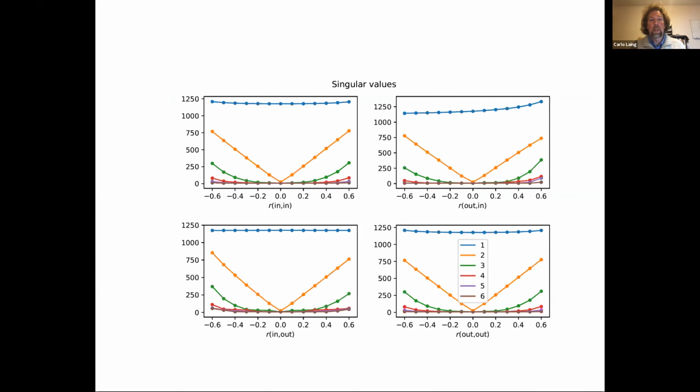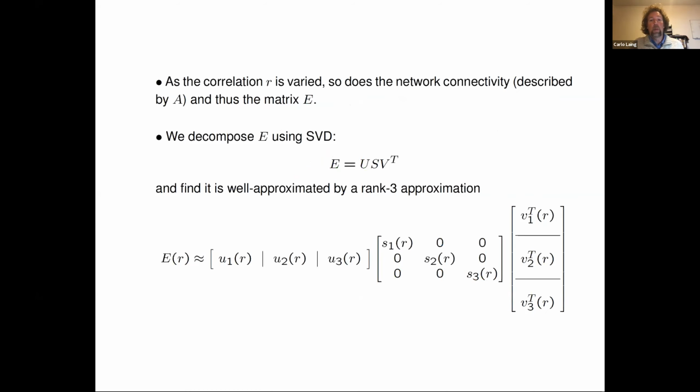If we look at the singular values, for example, here are 4 different sorts of assortativity, and we're plotting the singular values as a function of the assortativity we've induced, both negative and positive. You can see that up to about plus or minus 0.5, we can just use the first 3 singular values to approximate our matrix E. The point is we use interpolation, and we can quickly reconstruct E for any values of r we want.